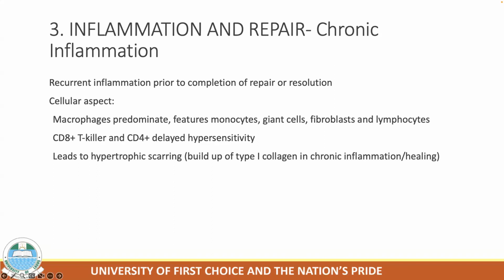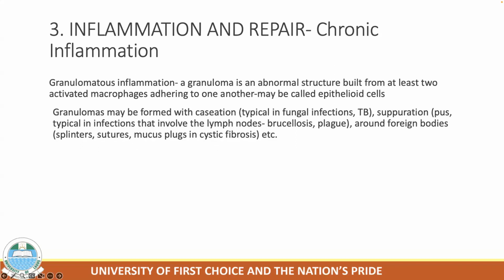Now that's chronic inflammation. Now there's a special type that, like I mentioned, we are very interested in, granulomatous inflammation. A granuloma is an abnormal structure built from at least two activated macrophages adhering to one another, and they may sometimes be called epithelioid cells.